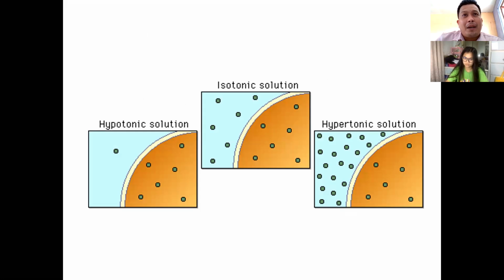Notice the hypertonic, the one on the right. There are a lot of salt particles present in the outside. So it's like inviting all the water molecules of the cytoplasm to go out of the cell membrane. Thus, the cell will shrink. But in hypotonic, there's less concentration in the outside rather than in the inside. So your cytoplasm now will attract the water in the outside of your environment.